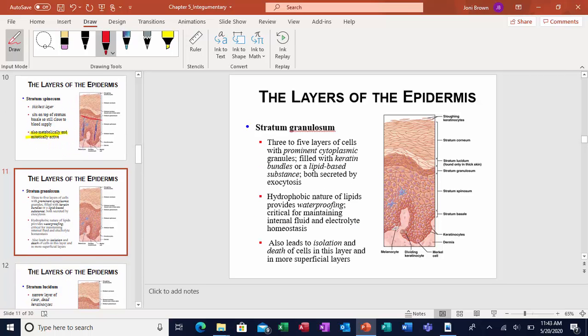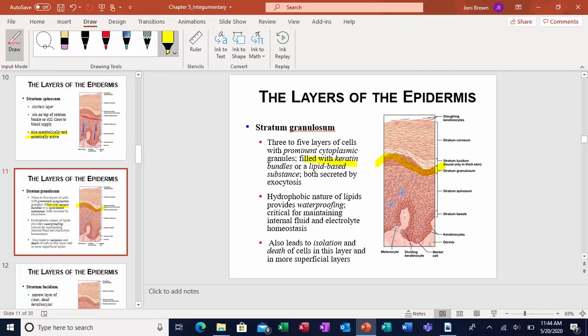Then you get to the stratum granulosum. The stratum granulosum is this dark area right here. That's 3 to 5 layers of cells. These cells have gotten pumped full of keratin, and that's going to help waterproof us. It also helps with maintaining internal fluid and electrolyte homeostasis.